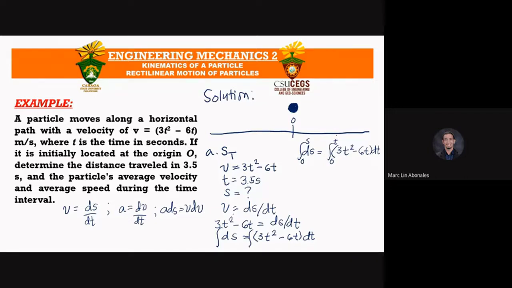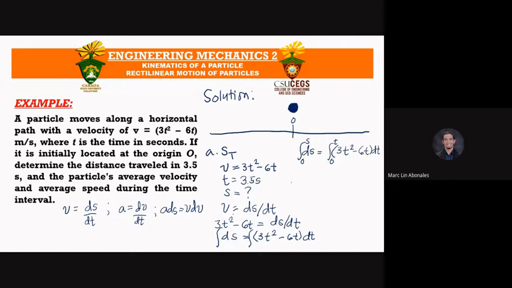Eh kung 3.5 ang imong isulat diri sa upper limit sa time, ang imong ma-come up is ang value sa position for the time equal 3.5 seconds. Di na to ma-achieve ang unsa ang description sa motion sa atong particle.